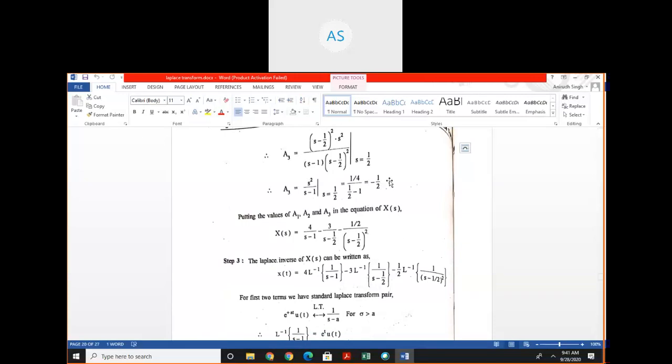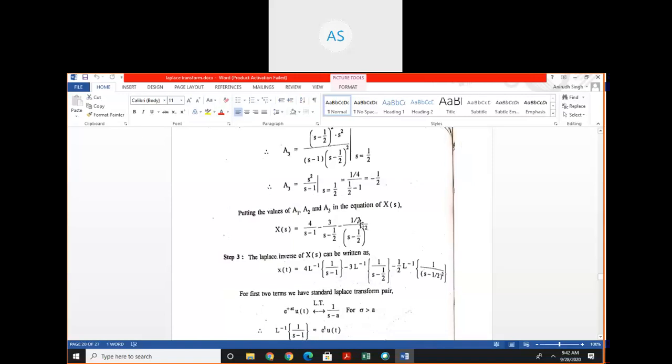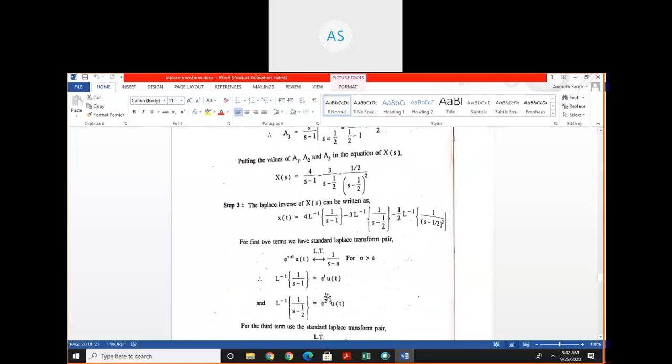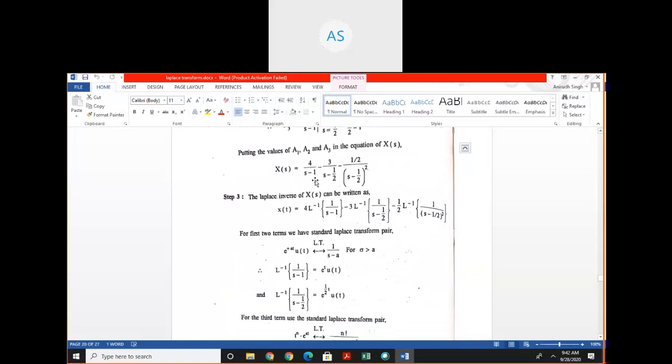Then A1 is equal to s minus 1 multiplied by x of s when the value of s is 1. Then this term is cancelled by this term, and if we substitute the value of s equal to 1, we get the value of A1. Similarly, the value of A3 is minus half.